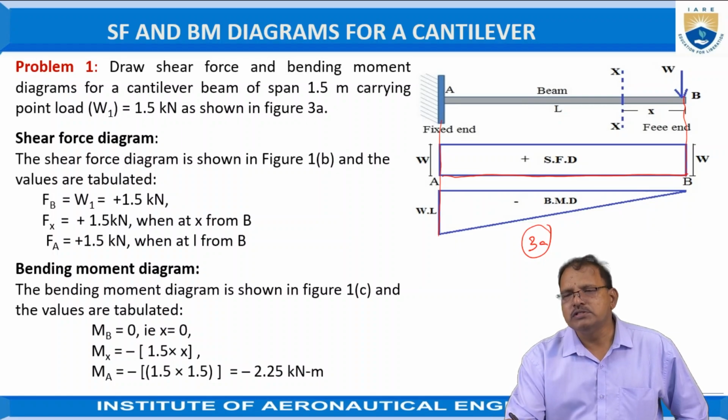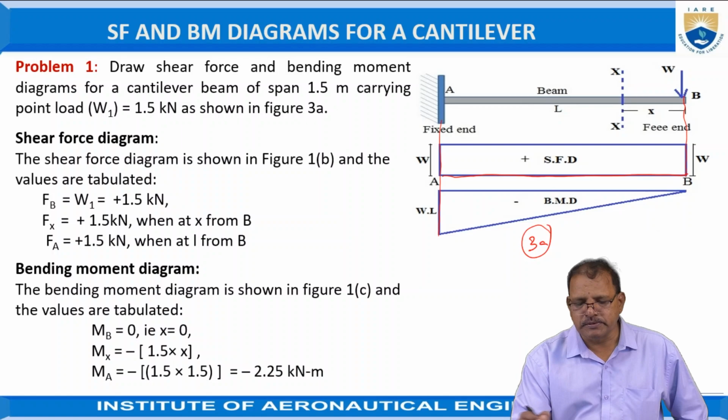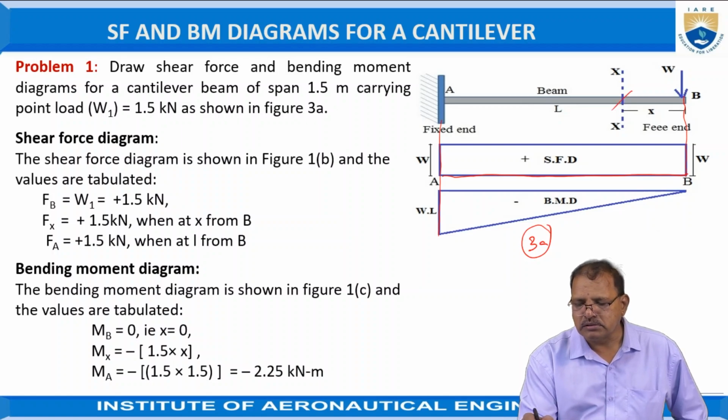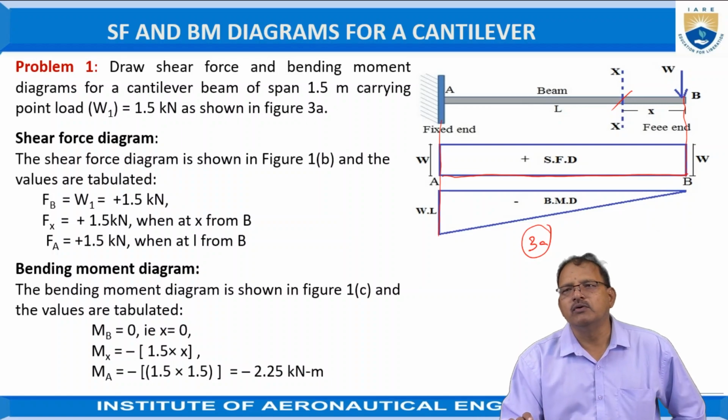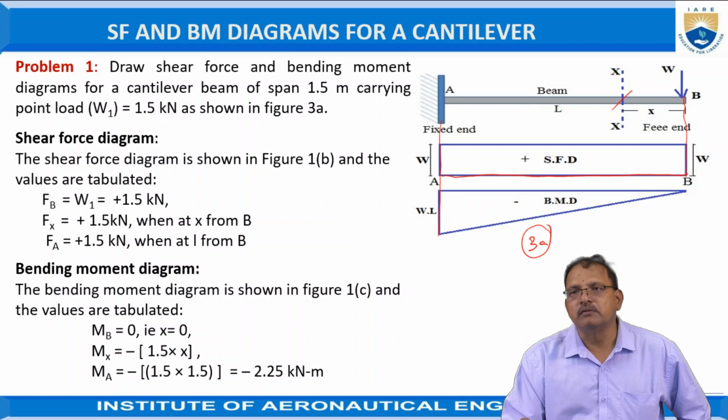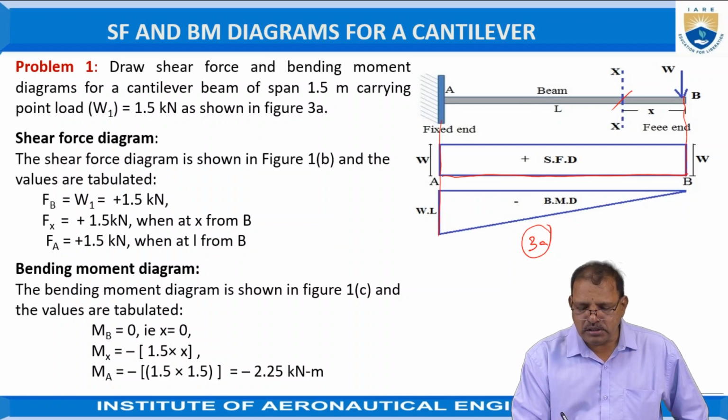Here the force is acting in the downward direction with respect to the point X, hence that force is treated as a positive shear force. So the load of 1.5 kilonewtons acting vertically downward is also positive.